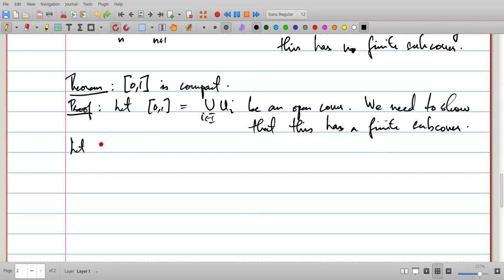So let S be the set of x in [0, 1] such that the interval [0, x] is covered by finitely many U_i's.